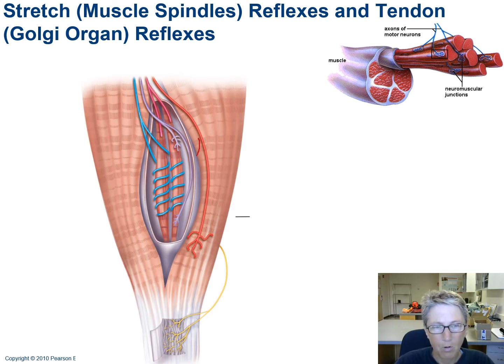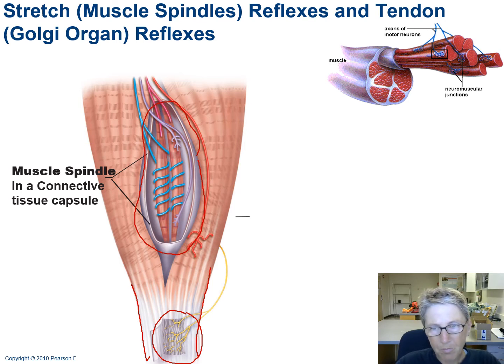So this is a cartoon of a muscle spindle. I bet you can kind of tell this is a muscle, right? Because you can see the striations. And then the muscle unites with the white stuff, that's the tendon. So you have this muscle spindle in purple, and then this guy is a Golgi tendon organ or reflex.